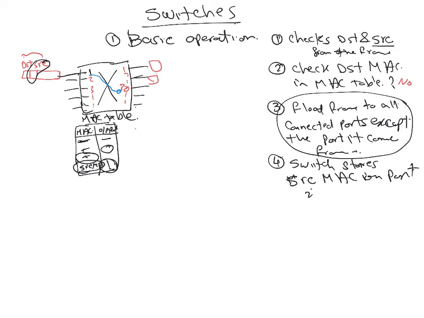So I don't have to flood, I don't have to do anything. I can just right away forward to port 1. So this step is very important and contributes to accumulating knowledge. Any question about this? So this is the first topic. It talks about the basic operation of a switch.